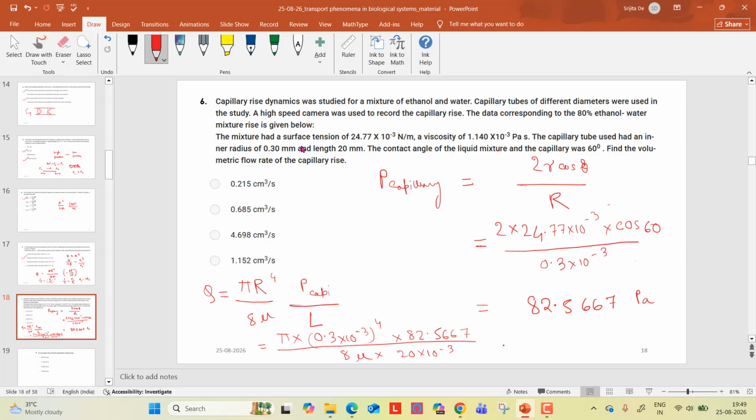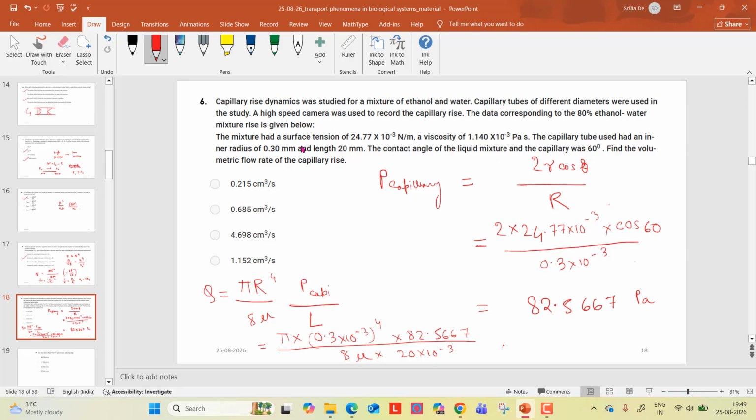Let's calculate. Okay. So let's calculate. 0.3 into 10 to the power minus 3 to the power 4 into 3.14 into 82.5667, okay, divided by 8.